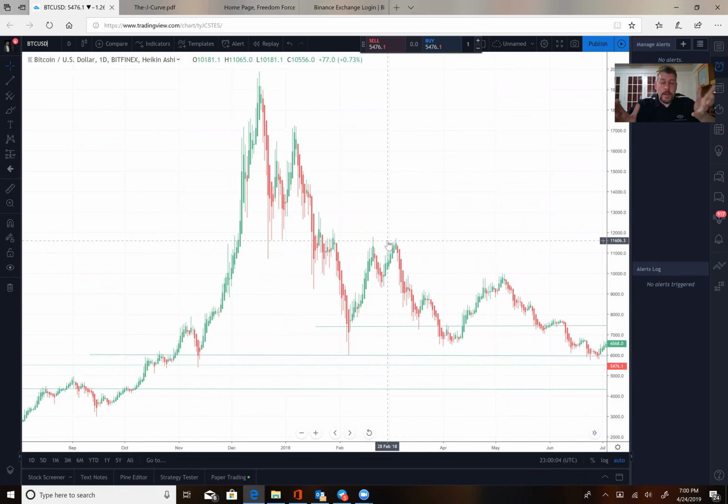But I know everybody here by now should definitely have a TradingView.com account. You do not have to pay for the pro. I have the pro with multiple overlaying indicators. I am a professional trader. I spend quite a bit of time doing this, so I like to have multiple overlaying indicators.